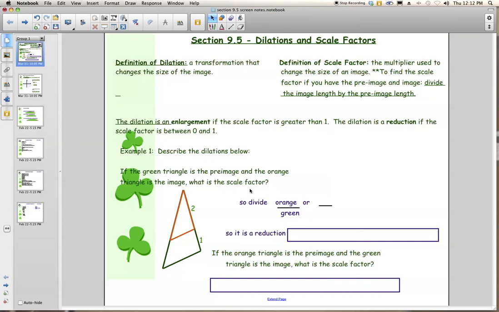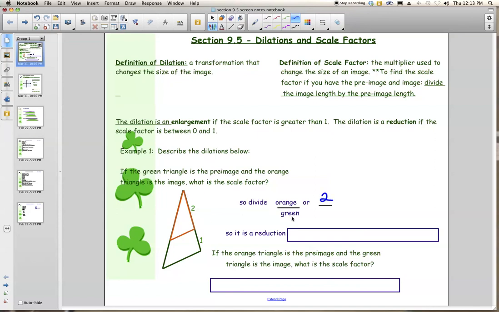In order to find the scale factor, the definition says take the length of the image divided by the length of the pre-image. So you find two values in the triangles that are corresponding to one another. A value in the orange triangle that we know is this right-hand side is 2.